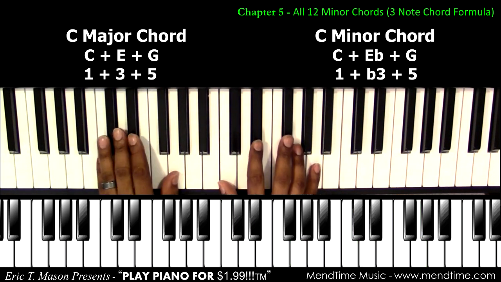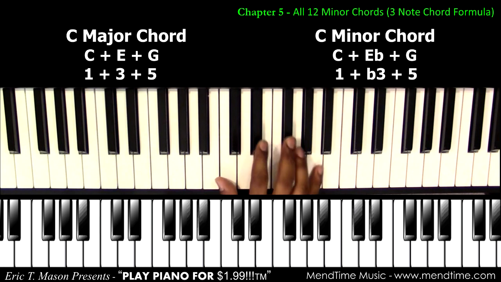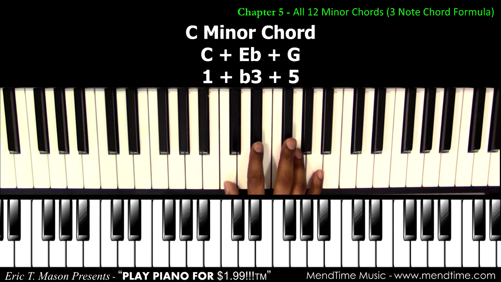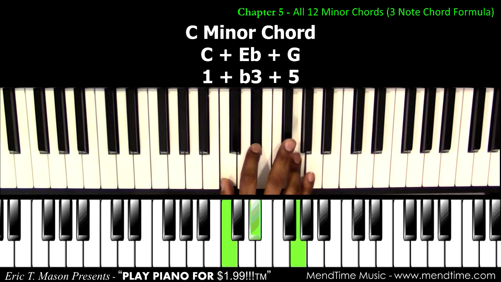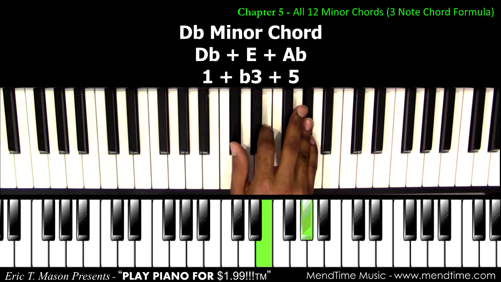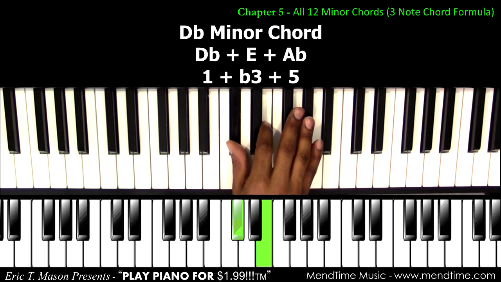Okay, we're playing it in both hands. Now, just to call out the notes and identify them, playing the minor in the right hand, C minor is C, E flat, and G. D flat minor chord is D flat, E, A flat.